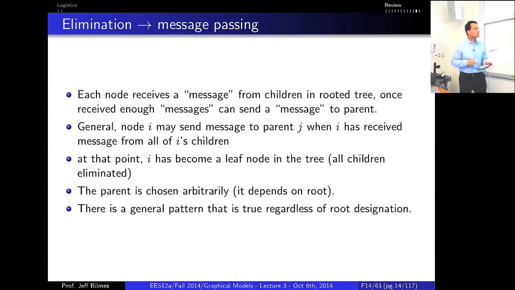The basic idea here is that a node i may send a message to a parent when it's received a message from all its children. That seems to be the property that makes it possible to send a message, which corresponds to the property that we've eliminated all other leaf nodes, and now this other node, which formerly wasn't a leaf node, is a leaf node.